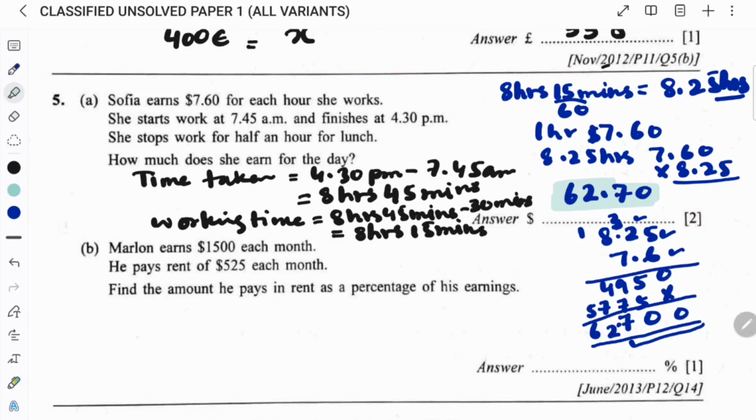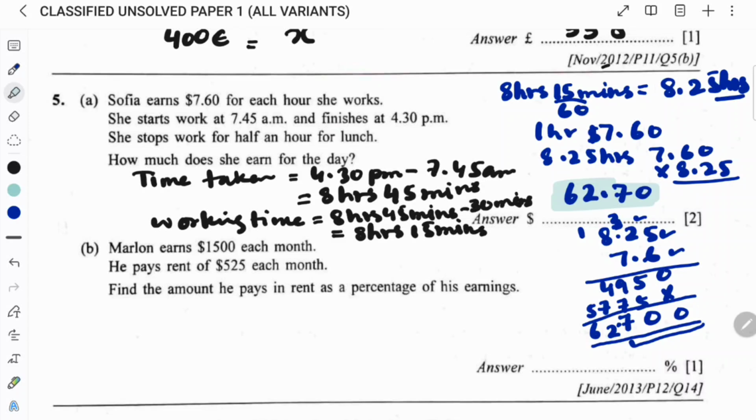All right. Part B. Marilyn earns $1,500 each month. He pays rent of $525 each month. Find the amount he pays in rent as a percentage of his earning.